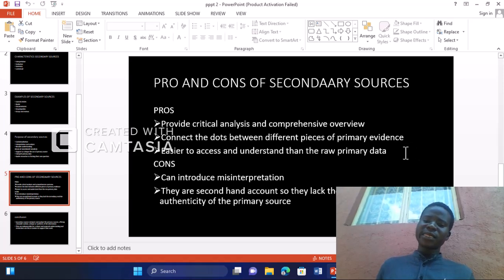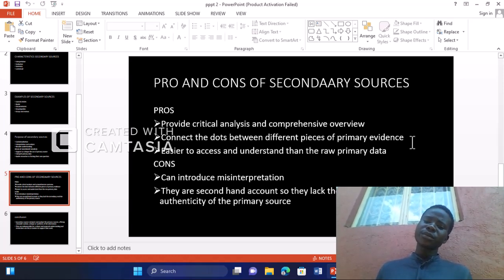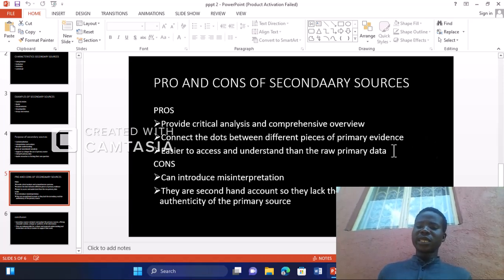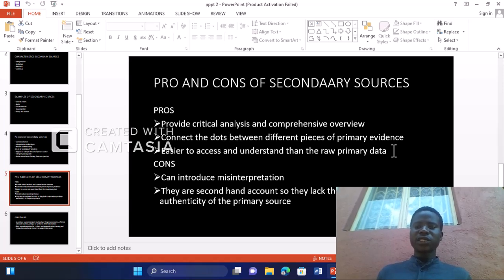This means that secondary sources help us to interpret and analyze information, unlike the primary source, which gives you raw data that is very difficult to understand, while secondary sources make it easier for you to understand.